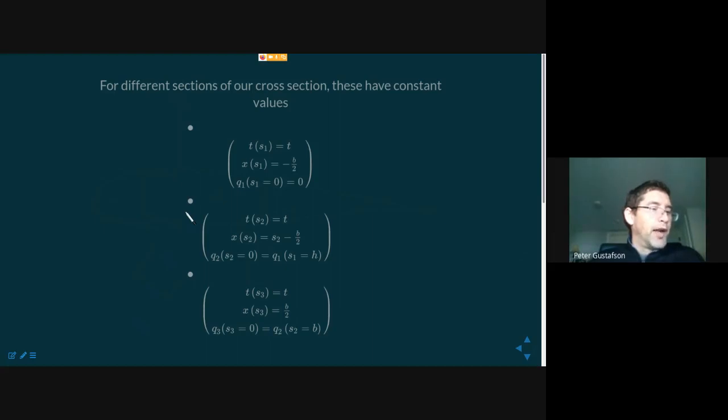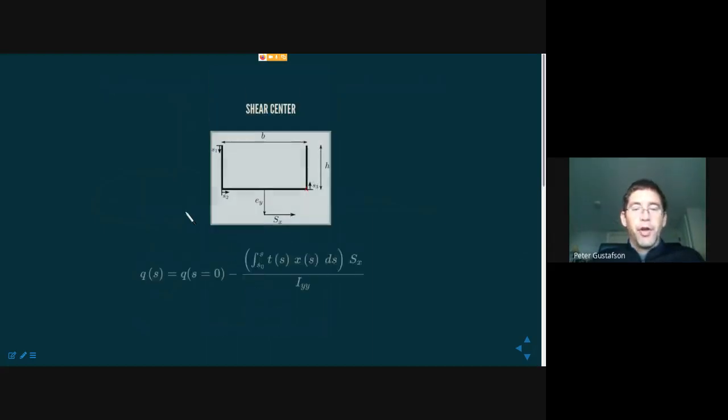Nicole also asked a question. Can you explain Q S1 equals H again? Yeah, sure. So here the Q value is going to be a boundary condition. We're doing 3 separate integrals, so we're evaluating the boundary condition here, here, and here. We have different Q values calculated, each with their own boundary condition.